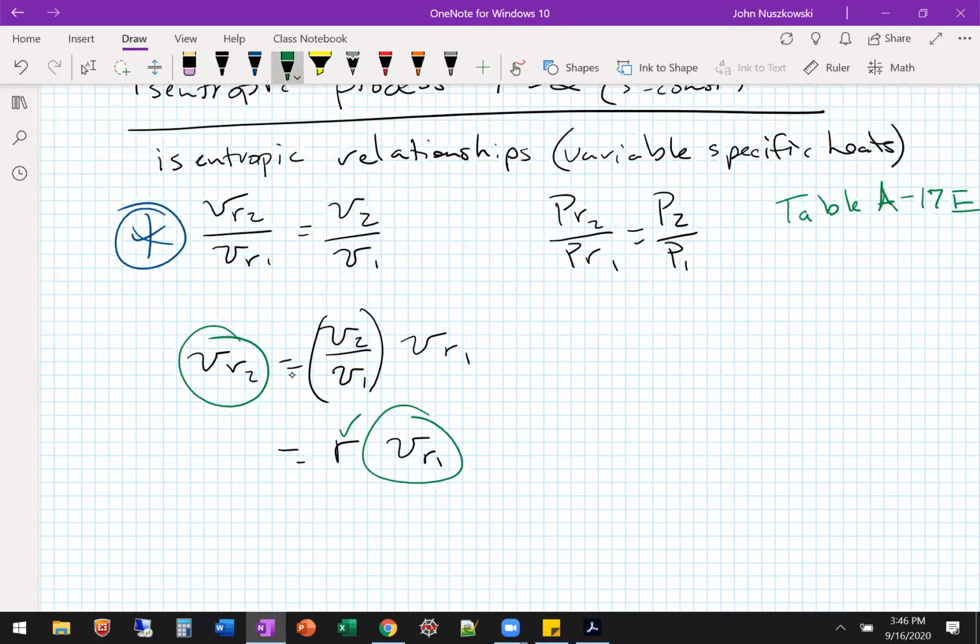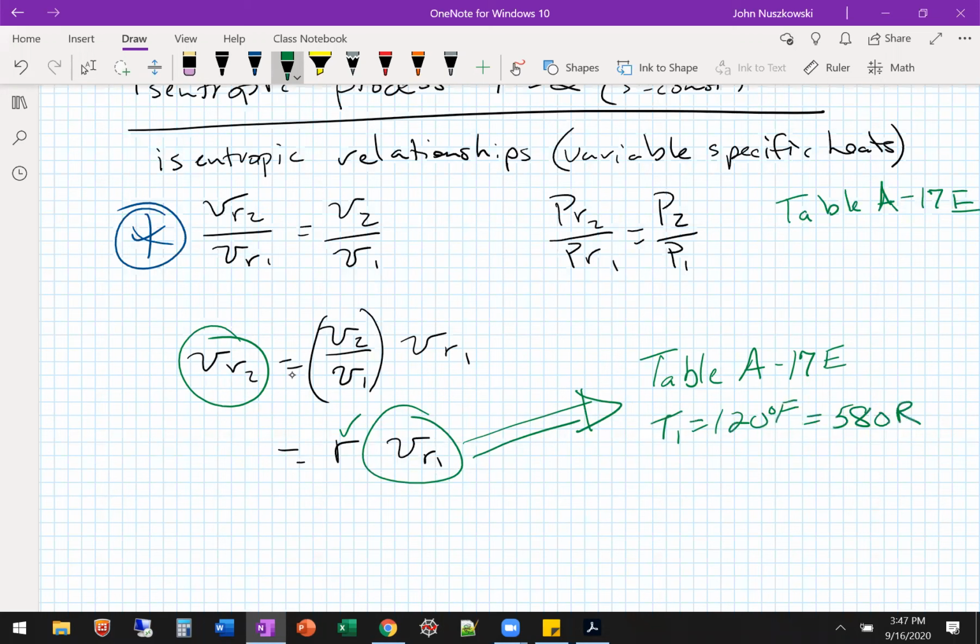So from table A-17E, knowing temperature 1 is 120 degrees Fahrenheit, which is 580 Rankine, we can just go to that table and look up the relative specific volume, and that's 120.70.